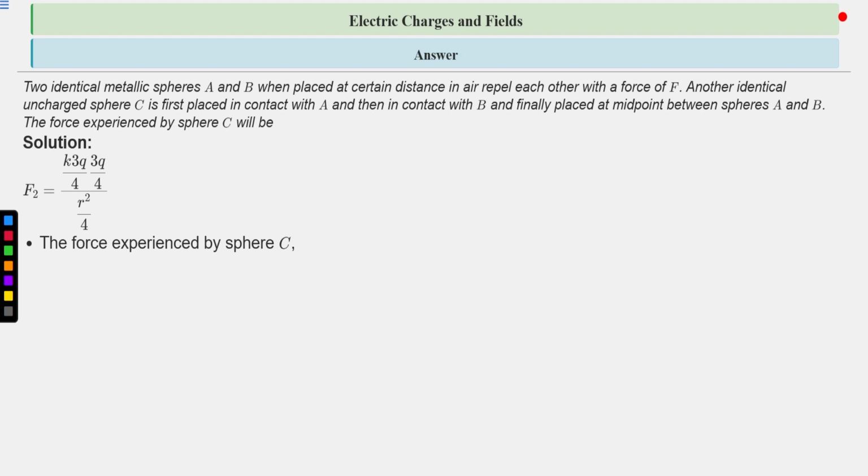Now, the net force experienced by sphere C is F prime, which is F2 minus F1, which is equal to K into 3Q by 4 minus K into Q by 2 upon R square by 4, into 3Q by 4.